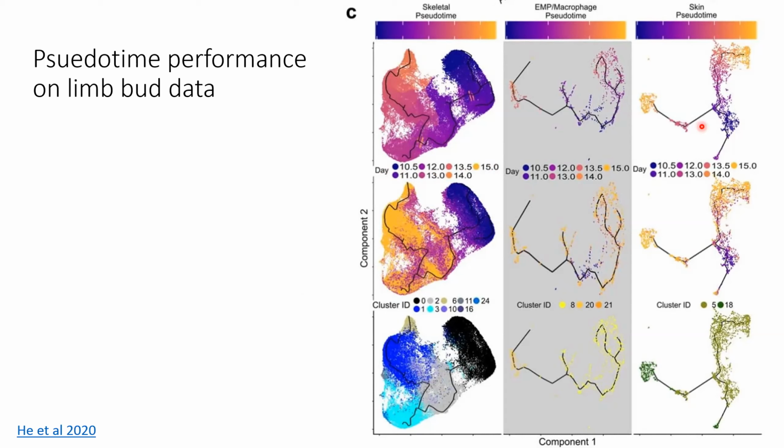And the top row is the pseudotime axis, and the bottom row is the cell clusters as annotated by the Leuven clustering algorithm. So looking at how this data is projected onto the first two principal components, we can make some observations about how well the pseudotime analysis lines up with the real developmental stage.